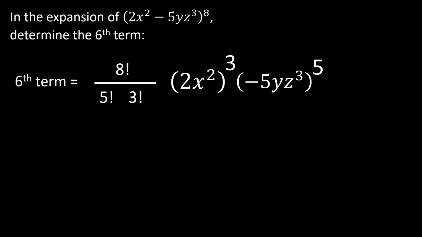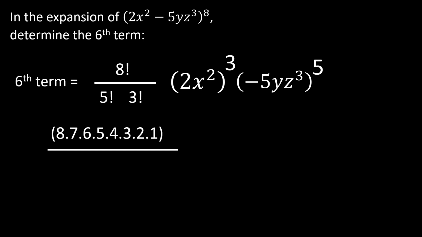And now that we have completed the solution process, let us simplify our given solution. Again, let me draw a straight horizontal line. On top of it, I'm going to write the value of 8 factorial, meaning 8 times 7 times 6 times 5 times 4 times 3 times 2 times 1.